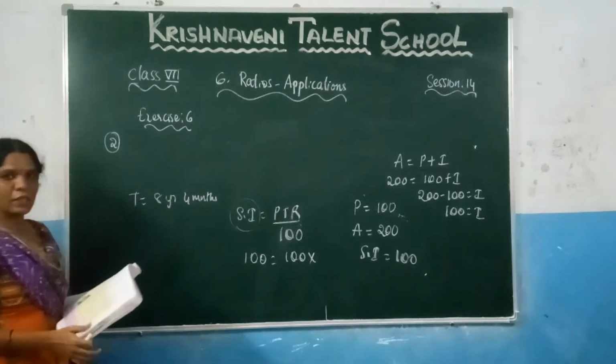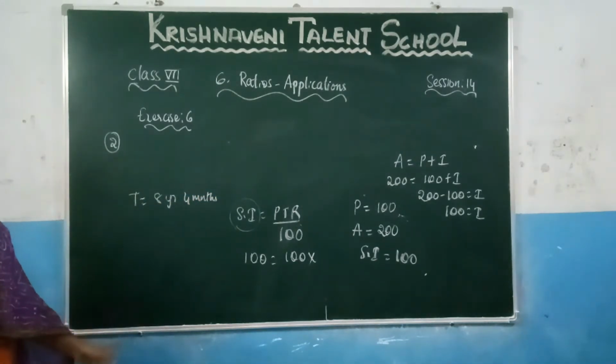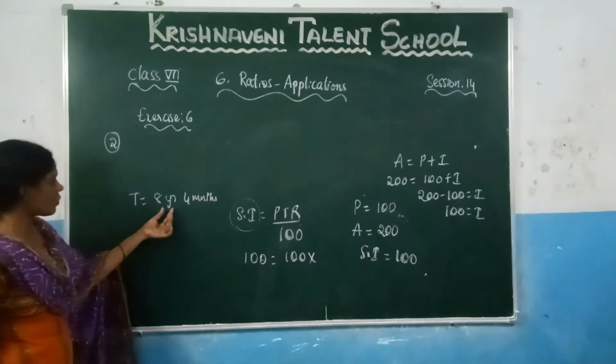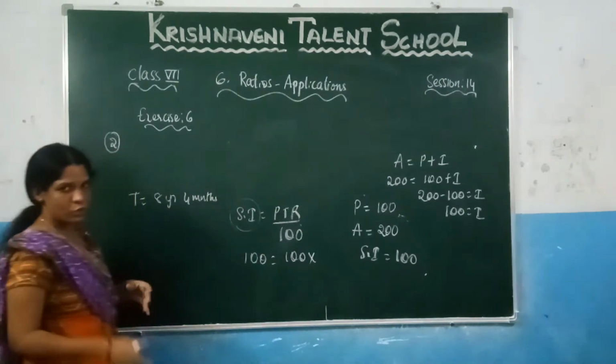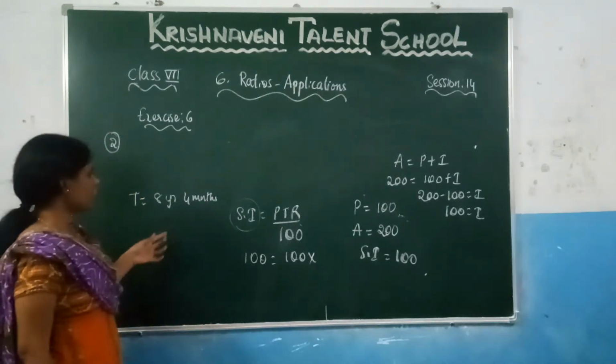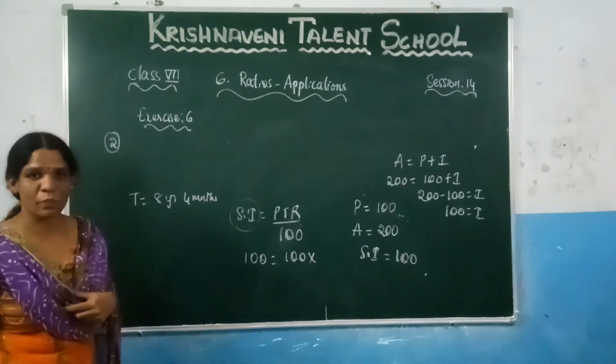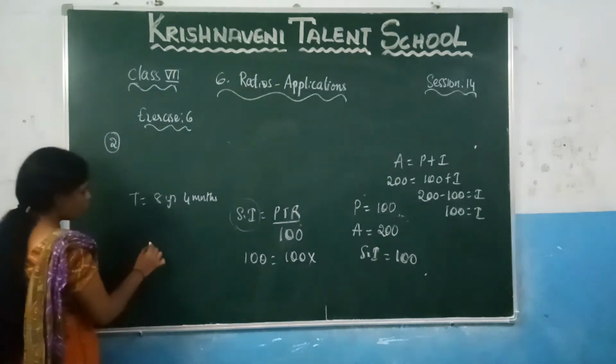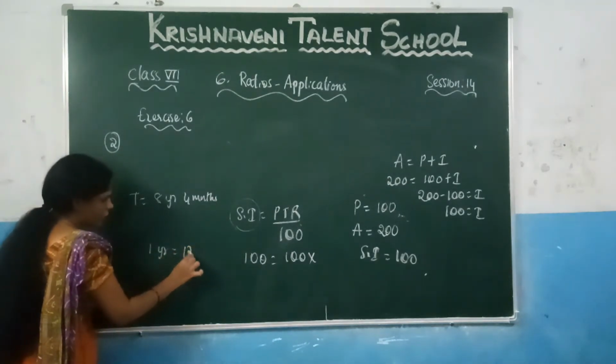Now it is in the form of years and months, so you need to convert into one unit. You know that 1 year is equal to 12 months.